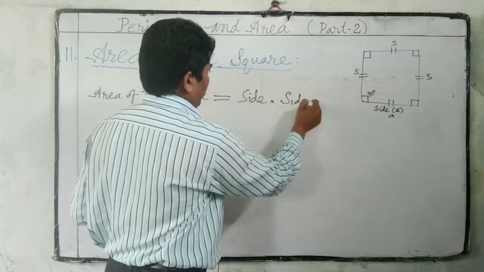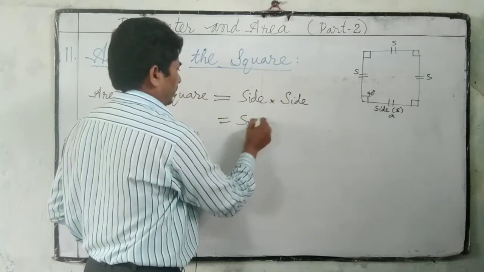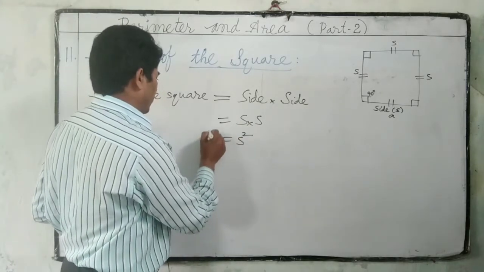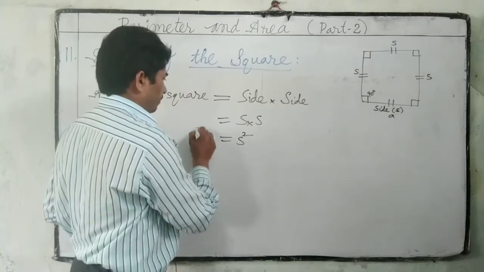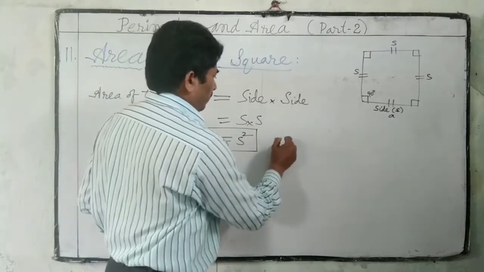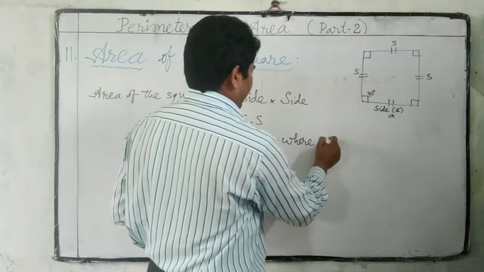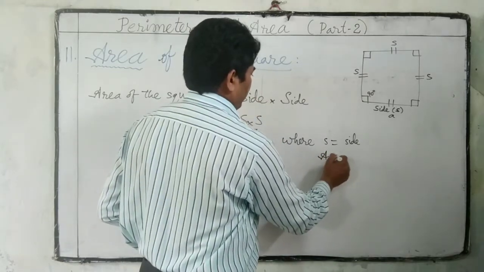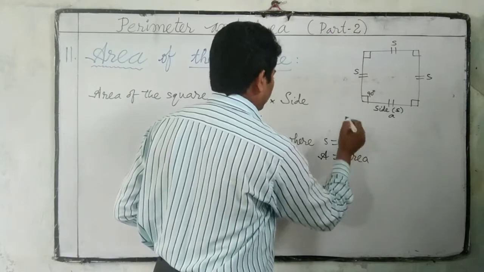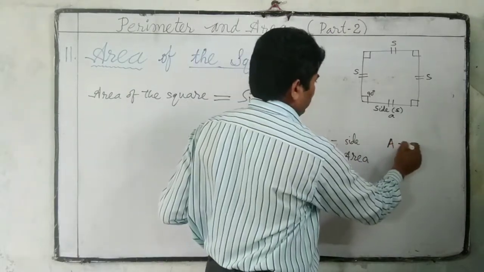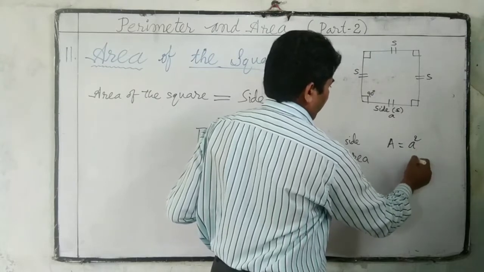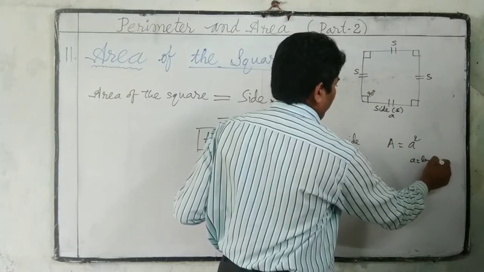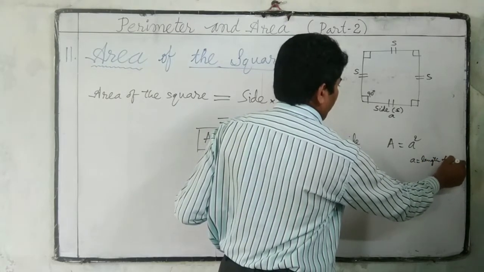Side into side means S into S. S into S means S square. This is the area of square. Where here S is equal to side, A is area. And also we can write A is equal to a square. Here a is length of any side.